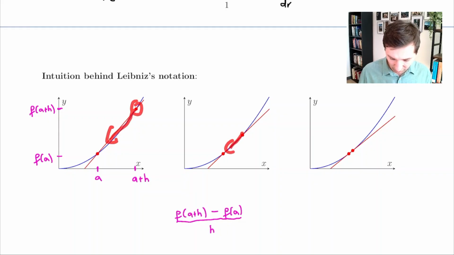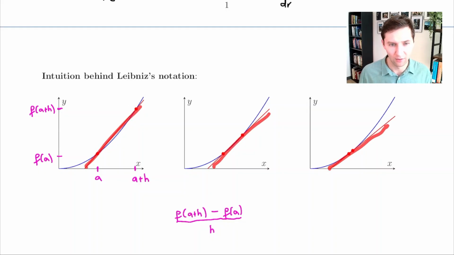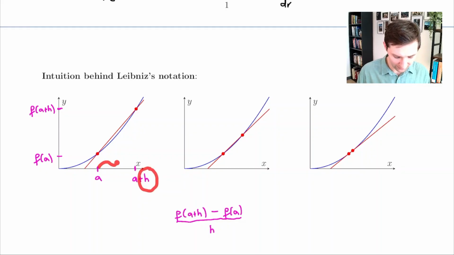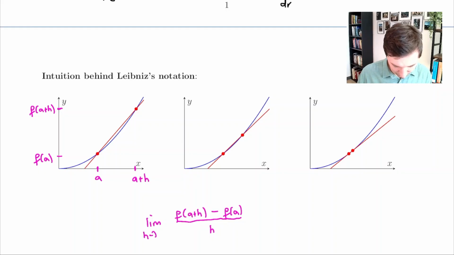Because when we do so, the secant line resembles the tangent line more and more, which means that the slope of the secant line resembles the slope of the tangent line more and more. And to have the second point get closer and closer to the first, we let h go to 0. We thought about h as the distance between the two x values, so as h goes to 0, the 2 points get closer and closer to each other. So we took the limit as h goes to 0. And we said that this was the derivative of f at a, and we denoted it by f prime of a.